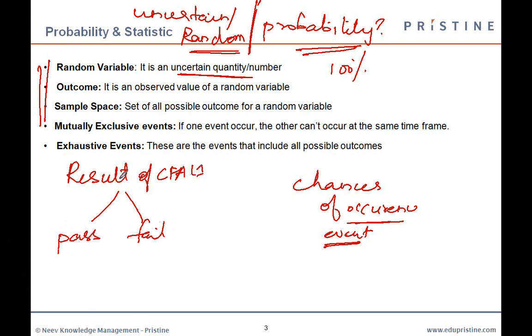So passing is one of the outcomes of your CFA Level 1 result. Similarly, failing the exam is also another outcome of the random event, which is the result of the CFA Level 1 exam. Okay. So outcomes are nothing but observed values of your random variable.